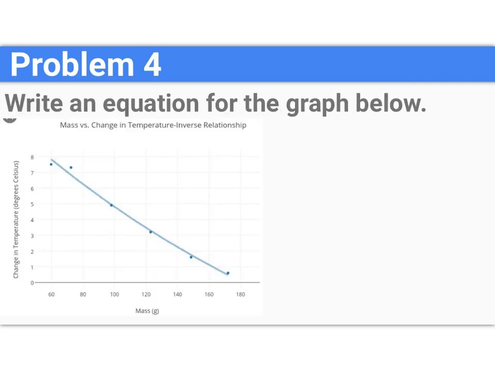Okay, write an equation for the graph below. So let's see what we got here. We know that y equals k over x. We're looking for the dot that's closest to the corner of the graph. So this one is closest to 5 over 100, which reduces down to 1 over 20.